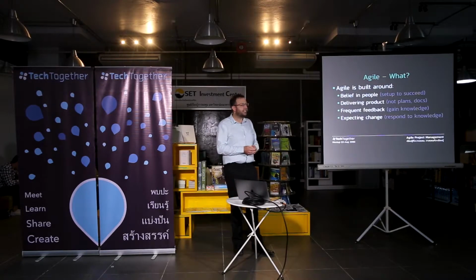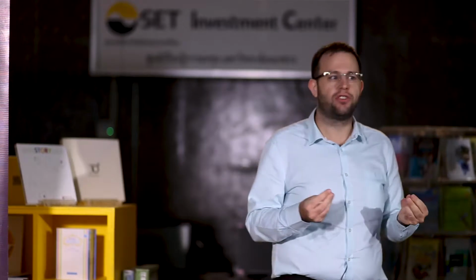And lastly, expecting change. So traditional project management, plan heavy, predicting a long way into the future, you're very fragile to change. You don't want change. In Agile, you expect change. There's no way you can avoid change in a project.